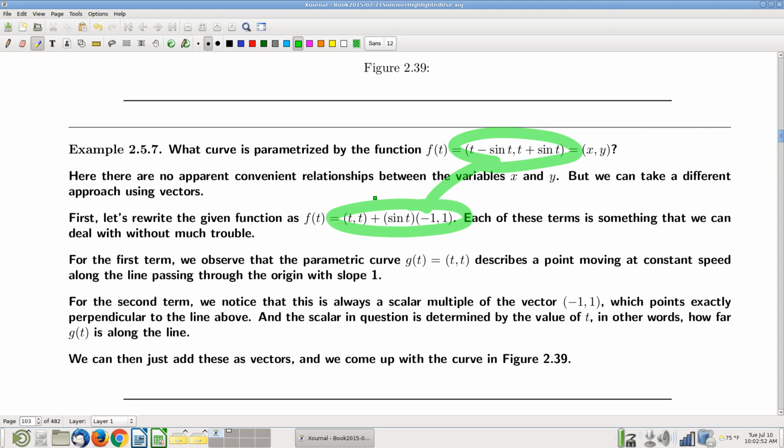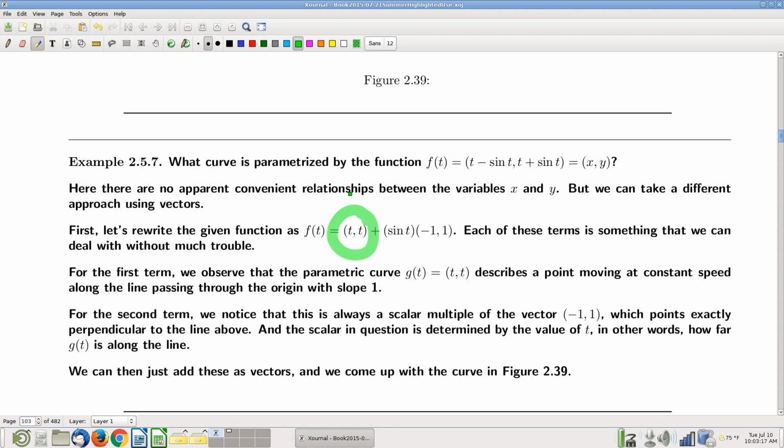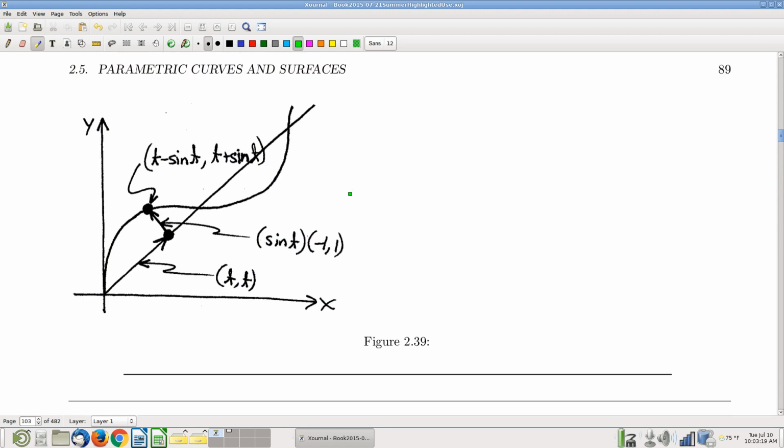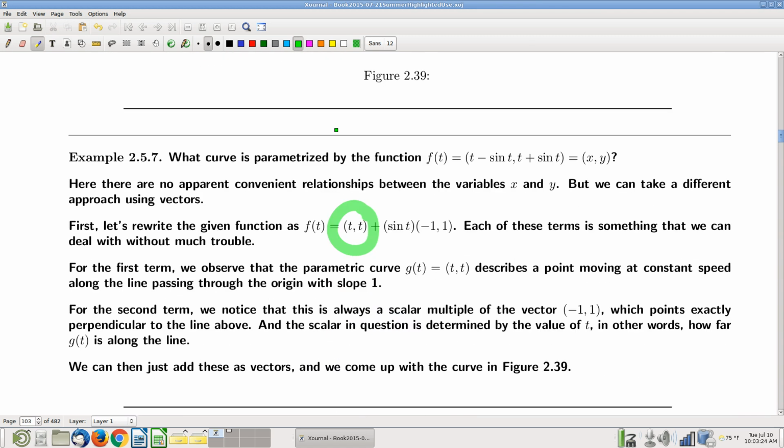Just algebraically looking at it, notice that there are different categories of terms there: the non-trig terms and the trig terms. If you separate them out like this, then you can interpret these in different ways. This is a really easy curve to understand: t comma t is just moving along the line y equals x. That's moving like that.